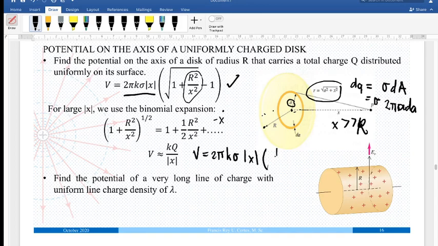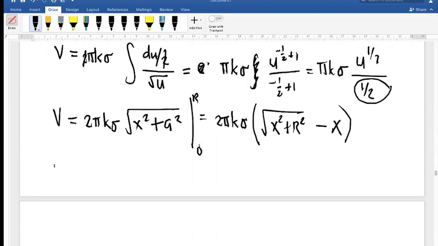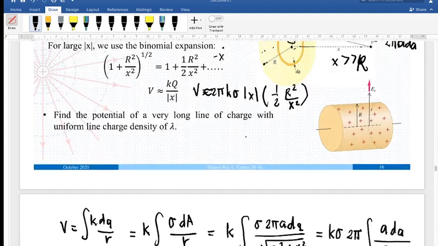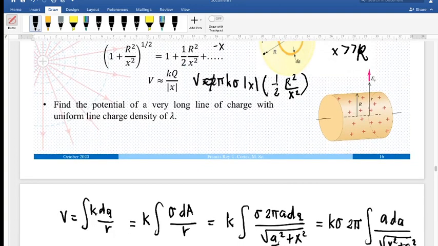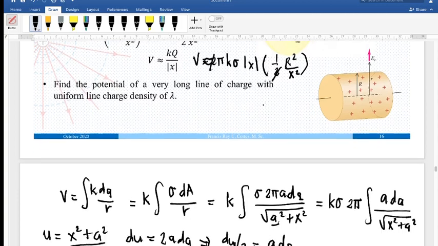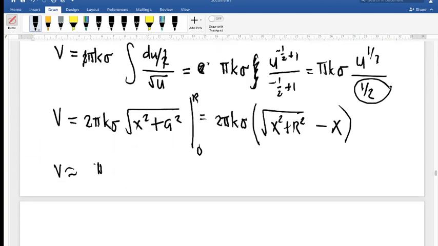So we have 1 half r squared over x squared approximately, because you have to approximate that one. So V is approximately equal to, cancel 2, cancel x, so what's left is pi k sigma r squared over x.